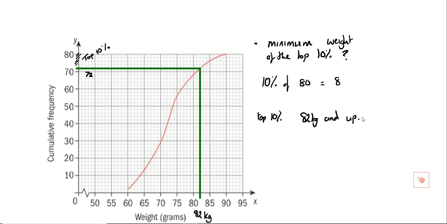So the next question that I said we needed to figure out was: how many weighed more than, let's say, 86 kilograms?